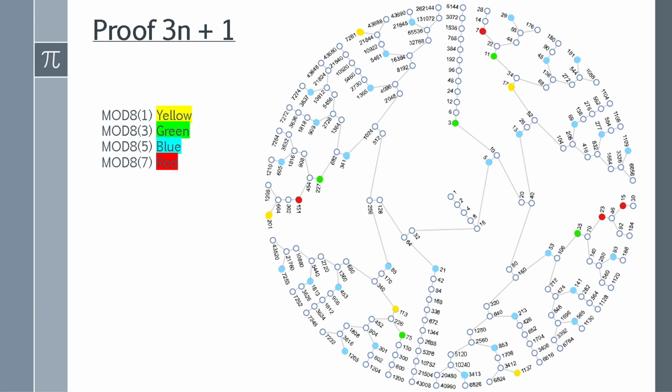And what I want you to notice with the wheel is that almost all the numbers are blue. And that is because you cannot get to 1 unless you go through a mod 5.